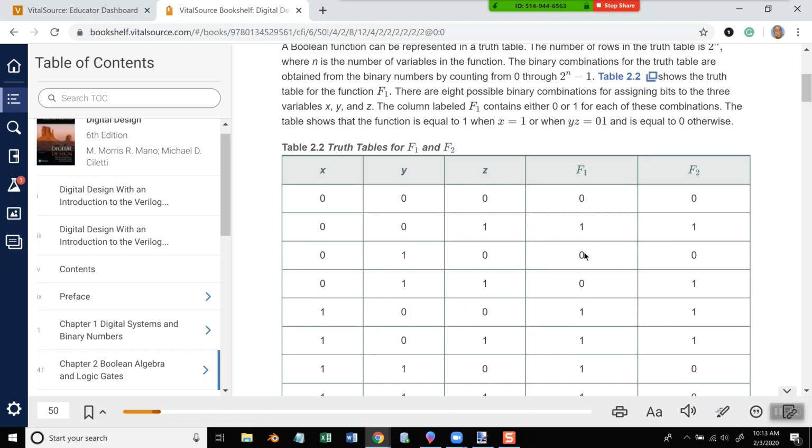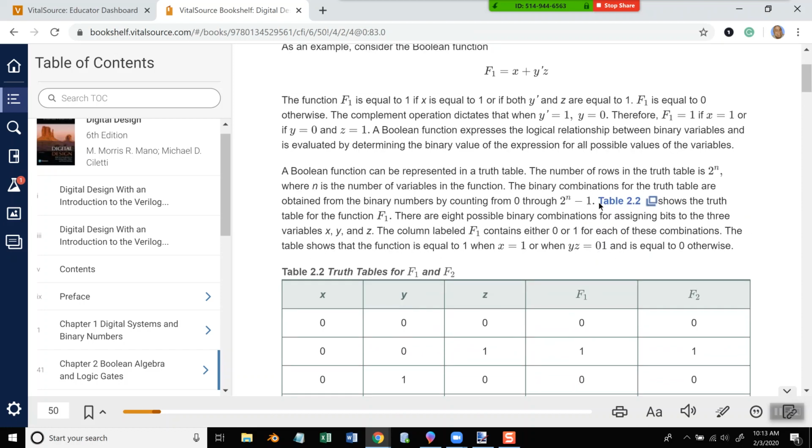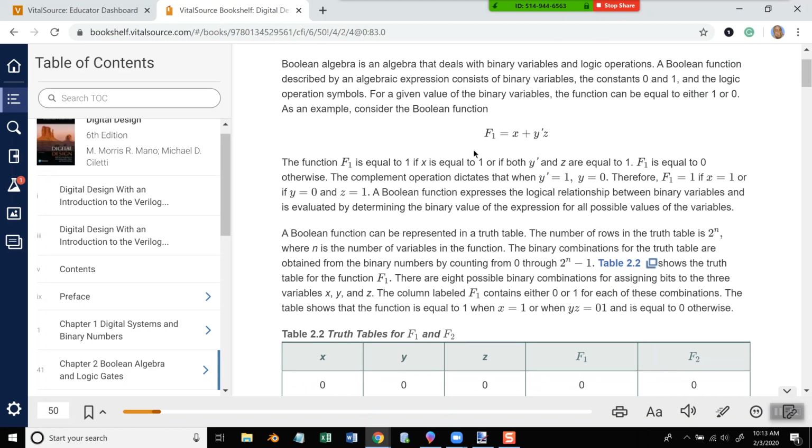Now here, they don't show all the steps, but you could build it for F1, and what in the world is F2? We're going to talk about it down below.